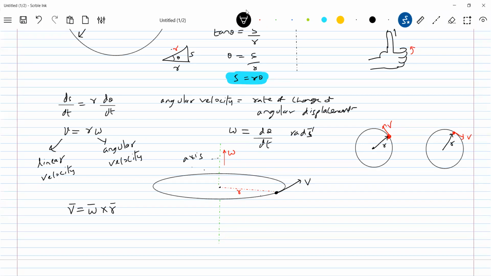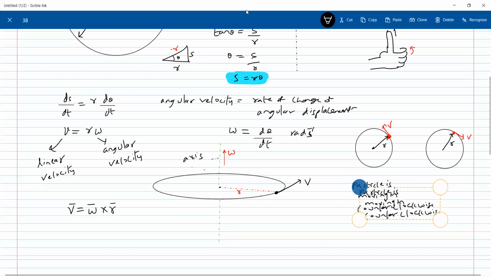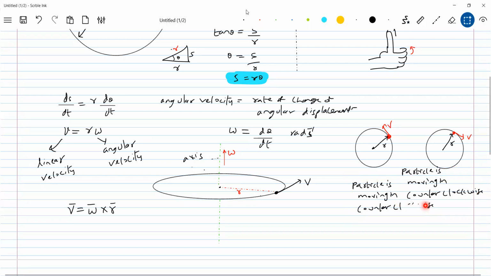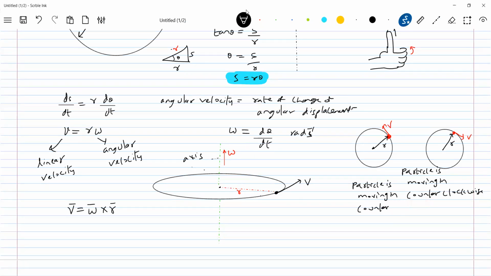This is r bar. So the sense of rotation: the particle is moving in counterclockwise here, and the particle is moving clockwise there.